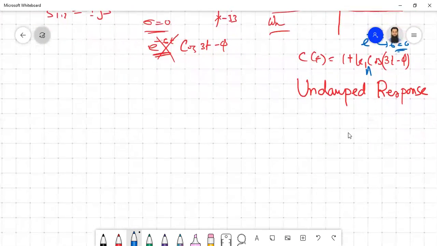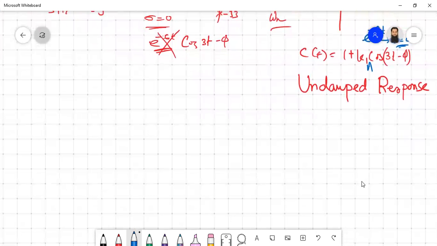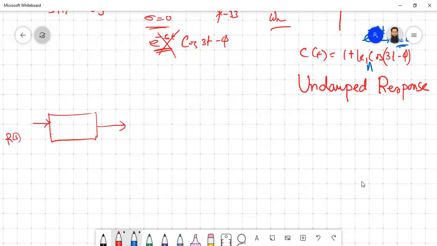Now the fourth and final case is what will happen if you have something like this: 9 by s square plus 6s plus 9. So now you have repeated roots.